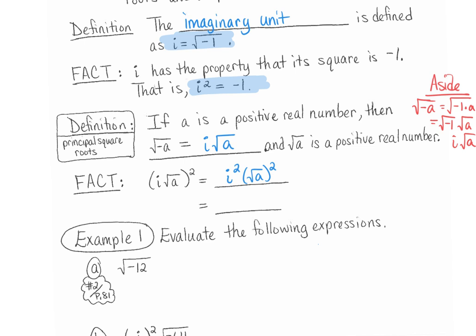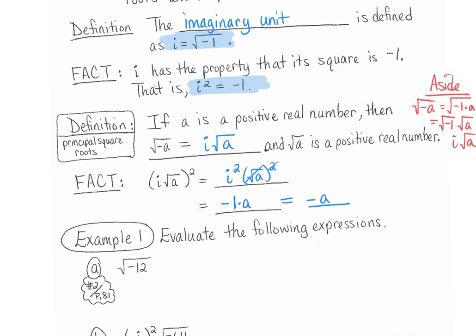I squared is -1, and the square root of a squared is a, because the square root and the squared cancel to give us a. -1 times a is really just -a. Good. That's a fact. So let's go through an example.